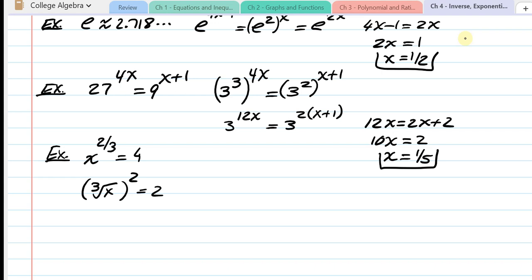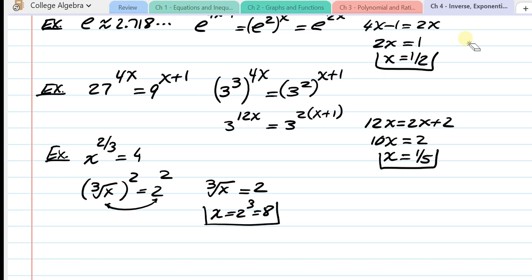And 4 is 2 squared. And again, due to the one-to-one property, we have the same exponents, therefore the bases must be equal. So I can set the cube root of x equal to the base, which is 2. Now cube both sides, x becomes 2 cubed or 8. And there we have it.